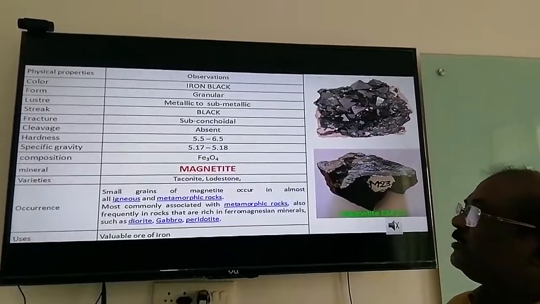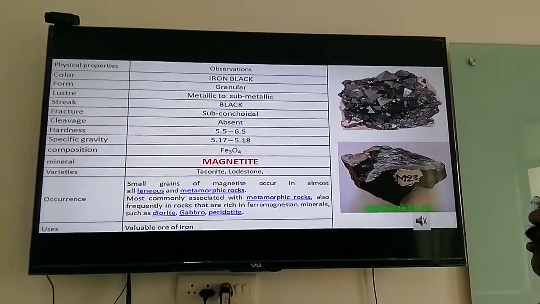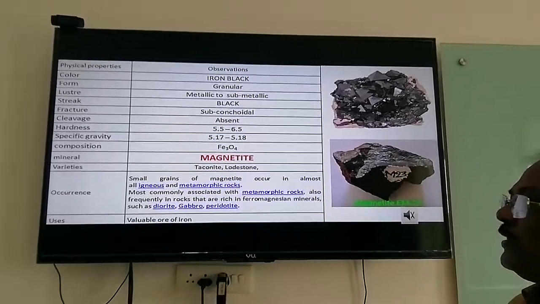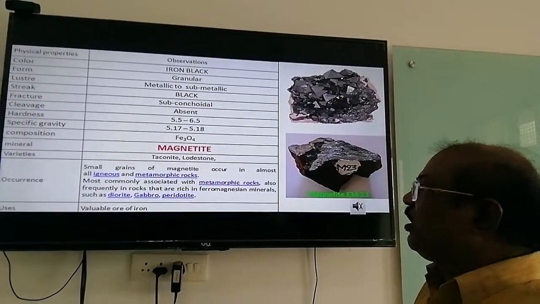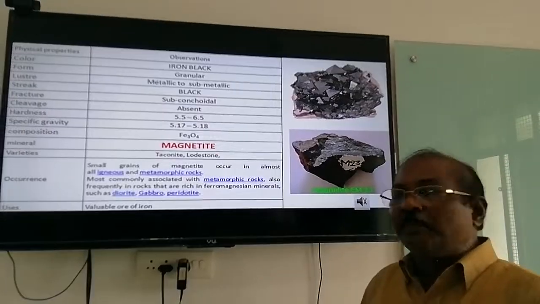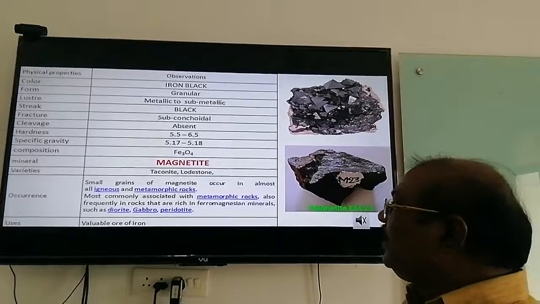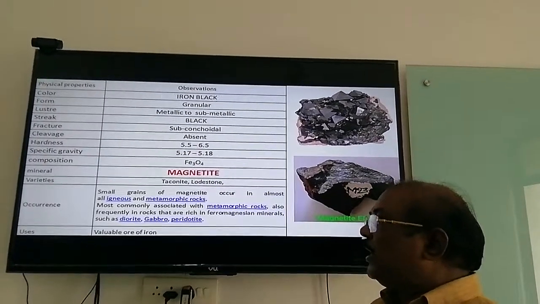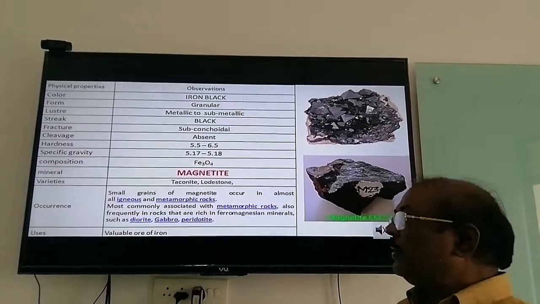And there are varieties in magnetite which are known as taconite and lodestone. And occurrence: small grains of magnetite occur in almost all igneous and metamorphic rocks. Most commonly, magnetite is associated with the metamorphic rocks, also frequently in rocks wherein ferromagnesian minerals are present, especially diorite, gabbro, peridotite, where we can find magnetite mineral.